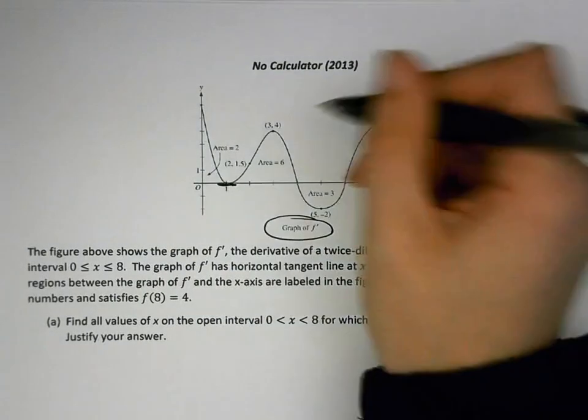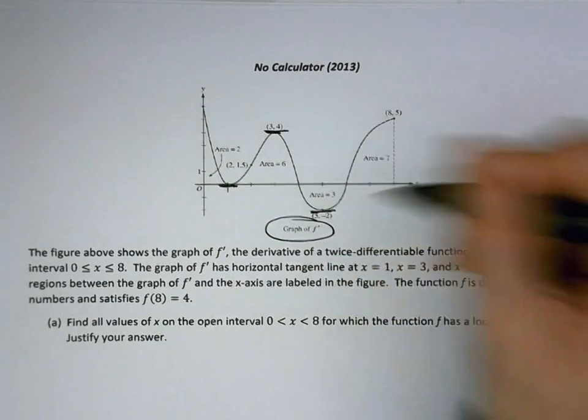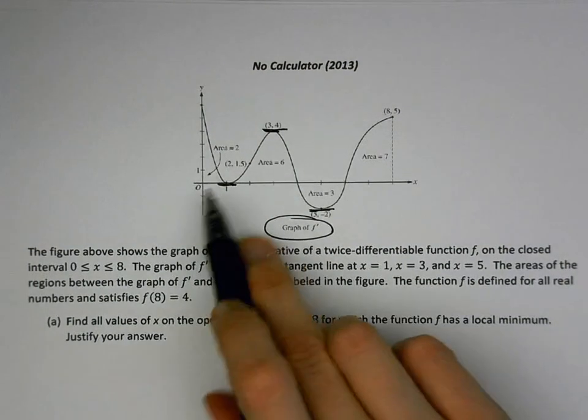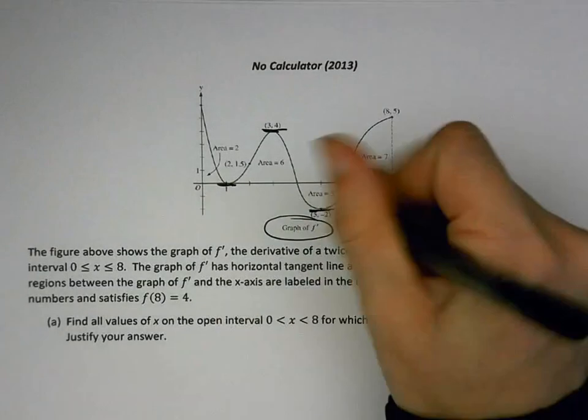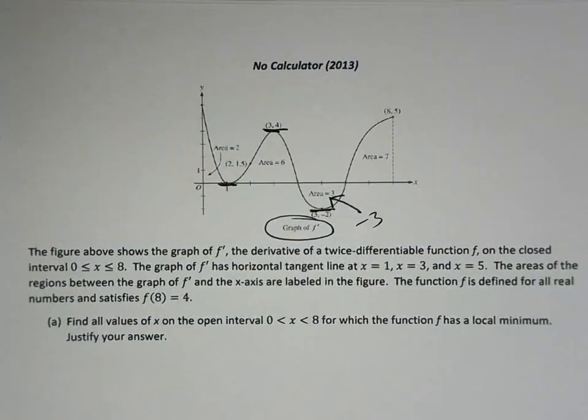Draw that in, x equals 3, and x equals 5. The areas of the regions between the graphs of f prime and the x-axis are labeled in the figure above. So we have 2, 6, -3, and 7.